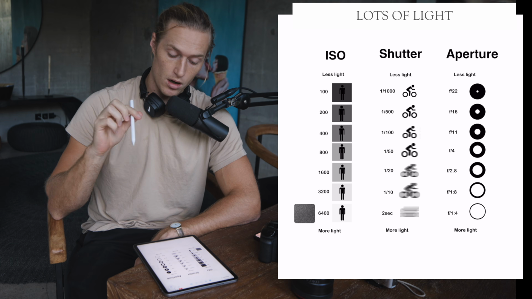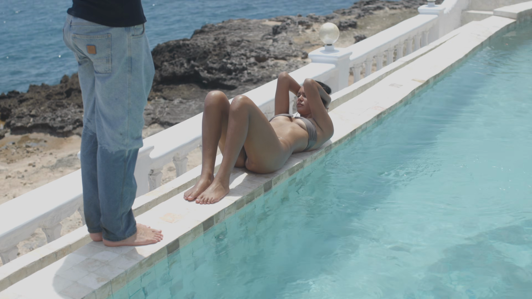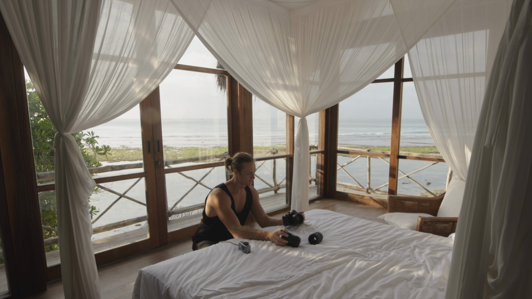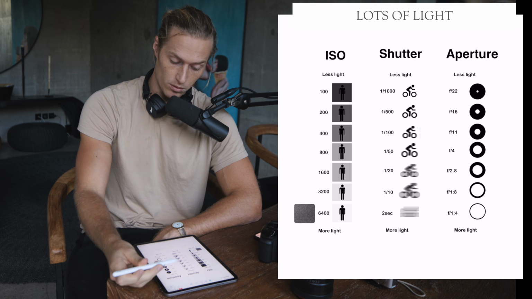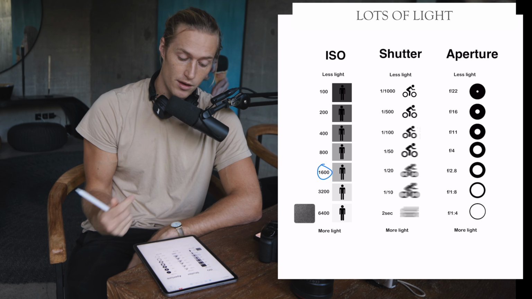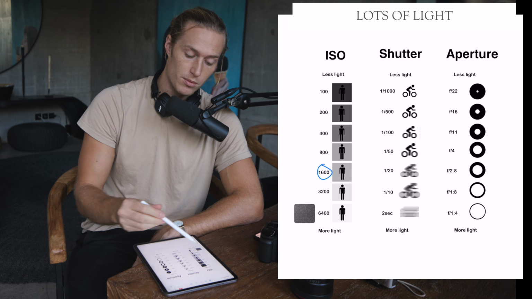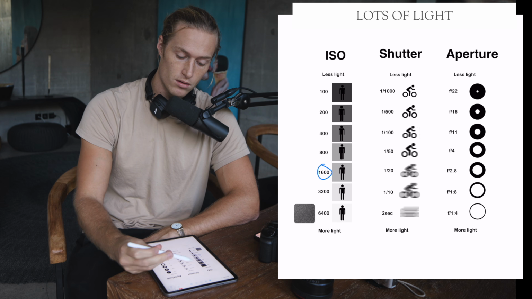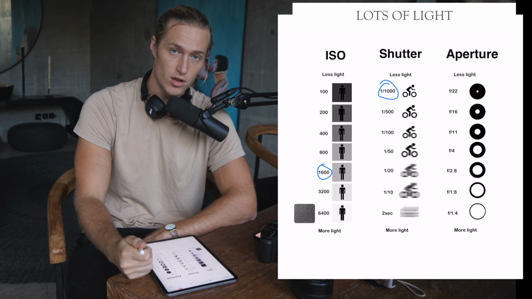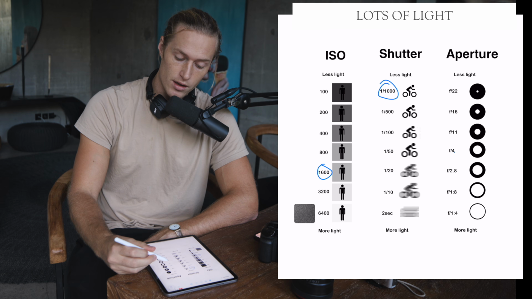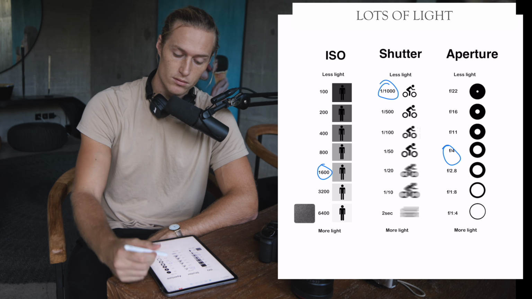So another thing I'll commonly do, and what lots of people do, is say there is lots of light. You're in a building, tons of light, plenty to work with. I might chuck my ISO up high, and you might think that's really high and your image is really overexposed. So then I'll choose a really fast shutter to make sure it's dark enough, and then I will choose my favorite f-stop.